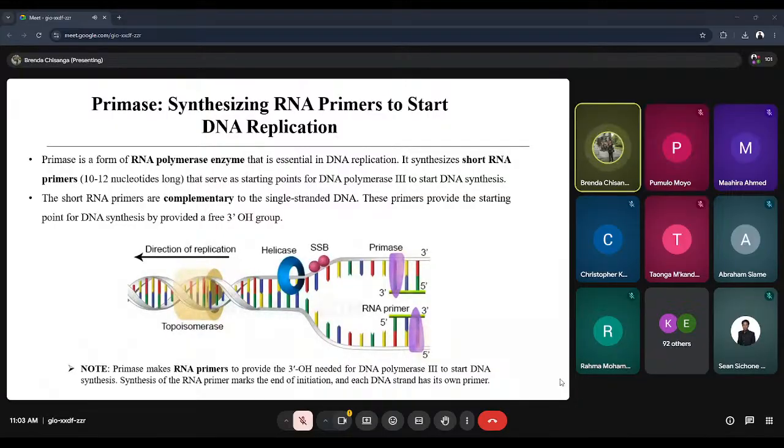If you look at the origin of replication, it's a double-stranded segment. It also has the same nucleotides as anywhere else on the bacterial chromosome. So there must be some features that make it recognized as a starting point. And we said that it has two regions.